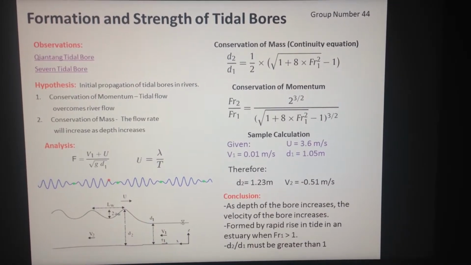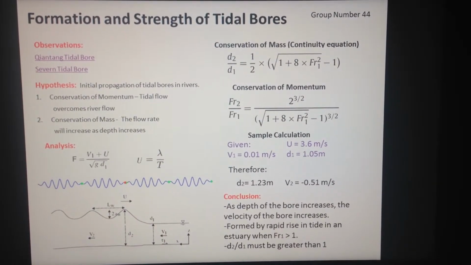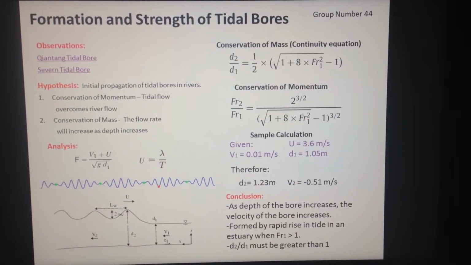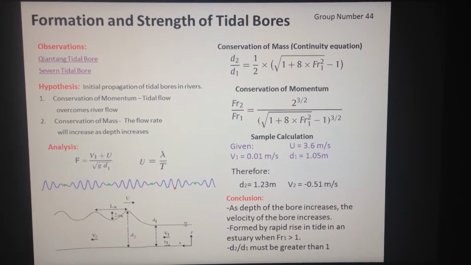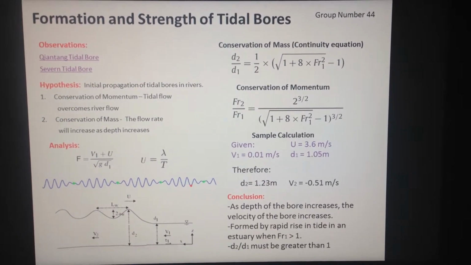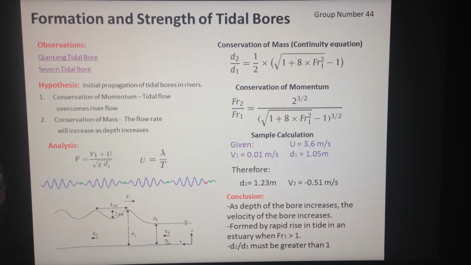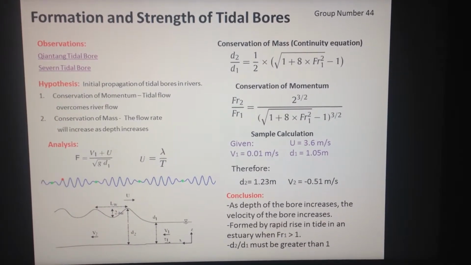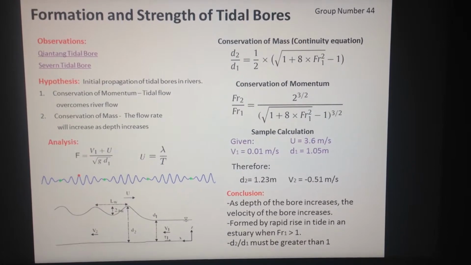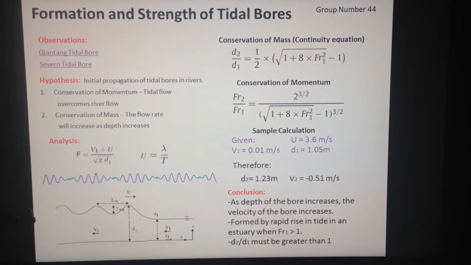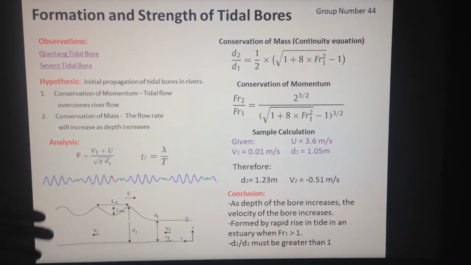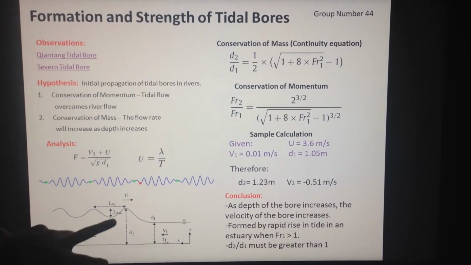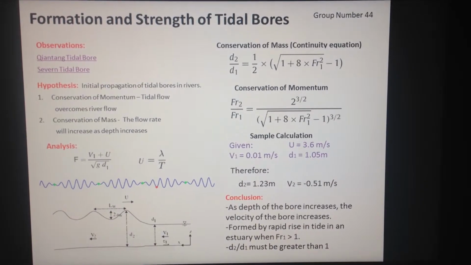So, to find the ratio of the depths between the initial river depth and the depth of the actual bore, we use the conservation of mass, which through experimentation has been calculated as this equation here, where we use the original Froude number using our sample information, and we can calculate our expected depth, D2, of the actual bore.